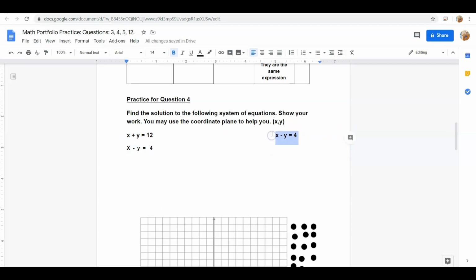I'll even erase this one for now. And tell me, is there a way that I can use math to eliminate a number or a variable? And remember, the goal is always to have one variable, x or y, alone on one side.